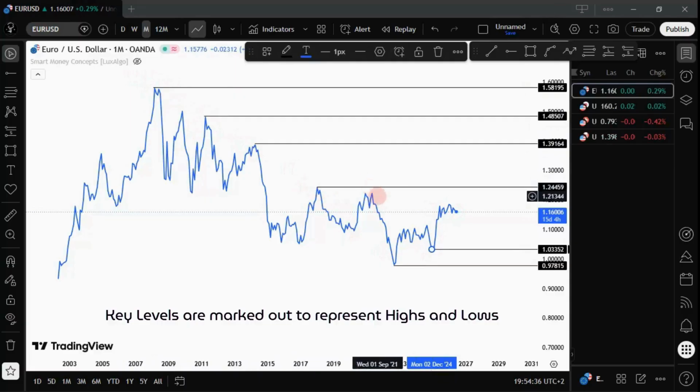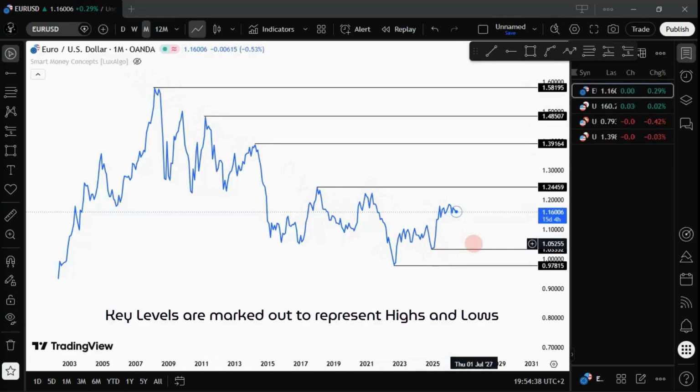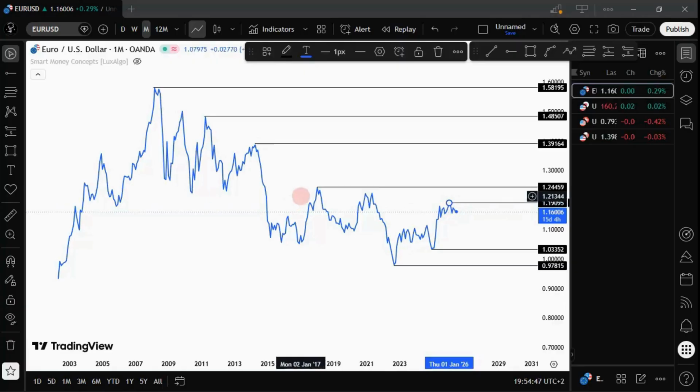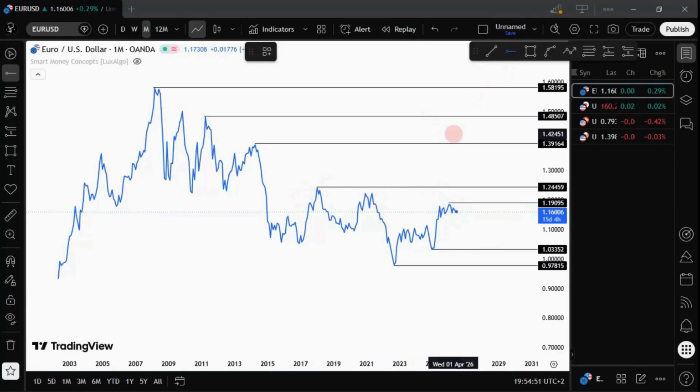And this right here is also a lower high, because this high is lower than the previous highs. If I mark this as a key level, it was also a lower high. So the market shows us that it is in a downward momentum.